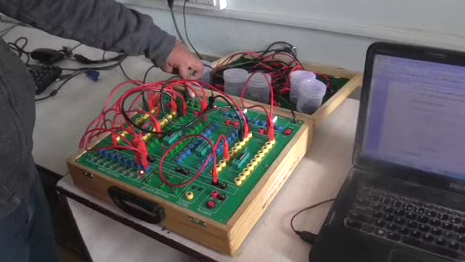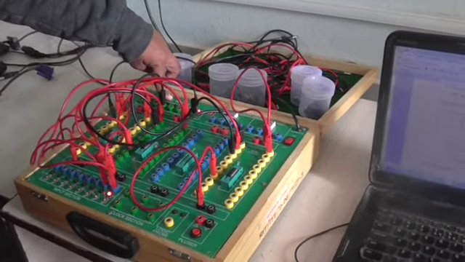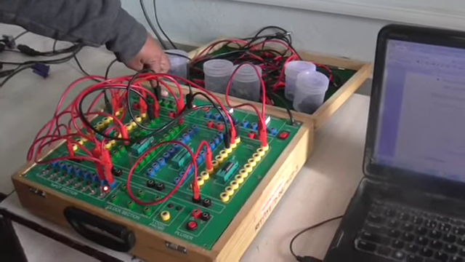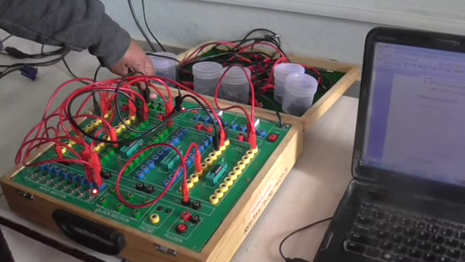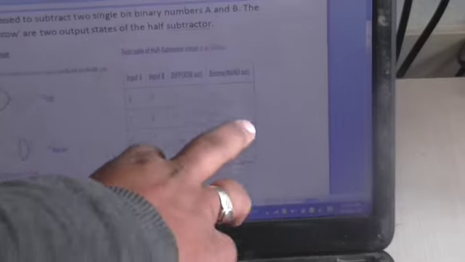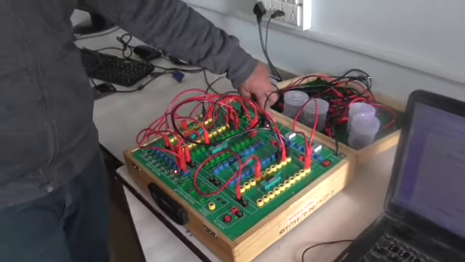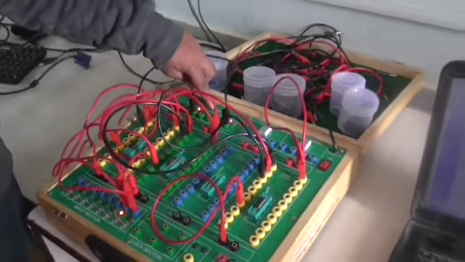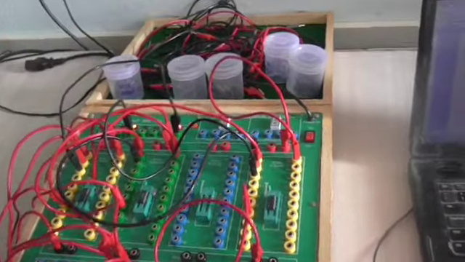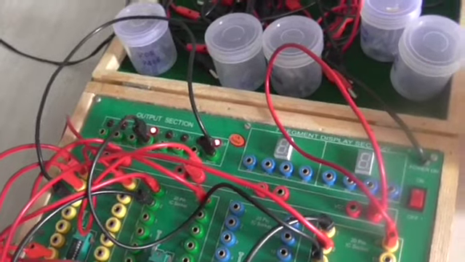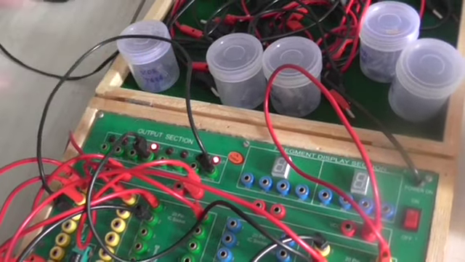Now the most important condition in a half subtractor is 0, 1. Whenever the 0, 1 condition is there, we get both difference and borrow as 1, 1.